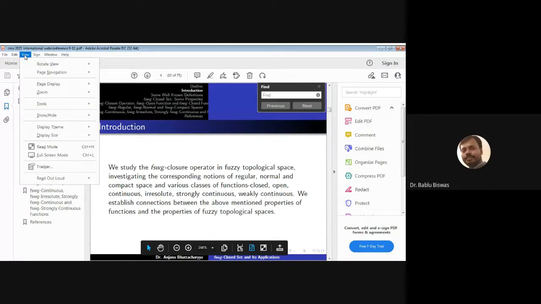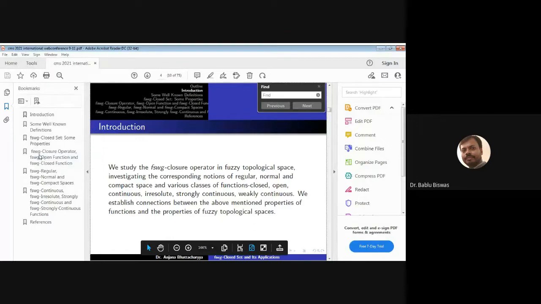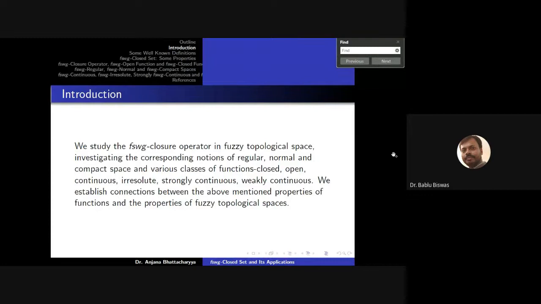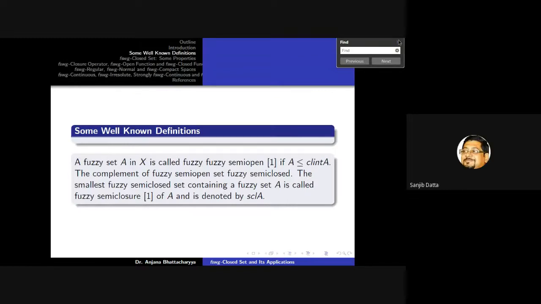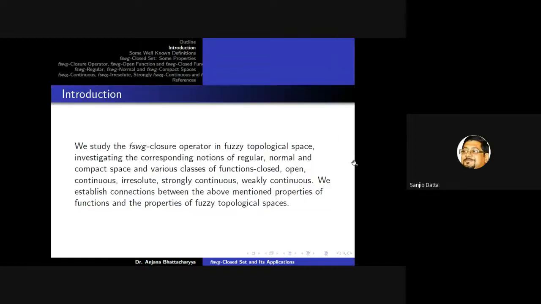Yes. Then full screen mode. Right, this is full screen mode. Yes, it is perfect. Please go ahead. Thank you. It is echoing.